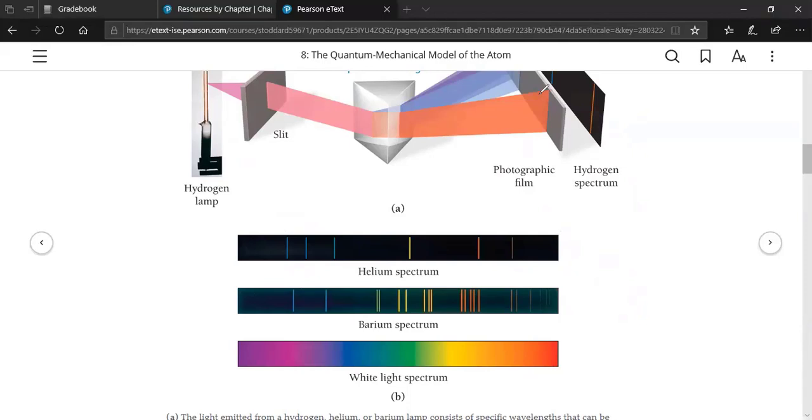Okay, so barium has all these different colors in it that are emitted, and all of these colors represent individual, really they're particles of light that are being emitted.